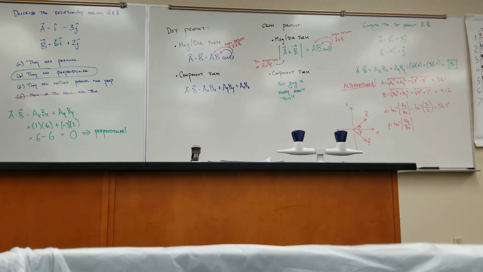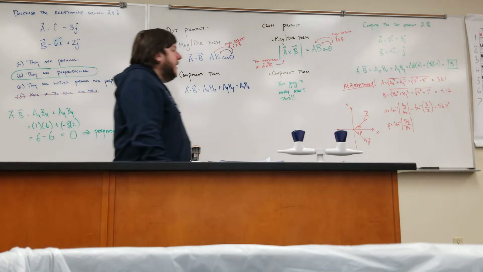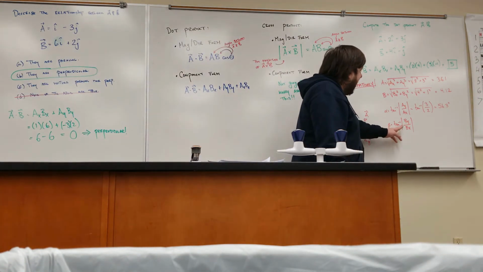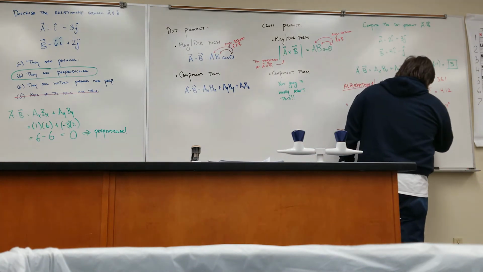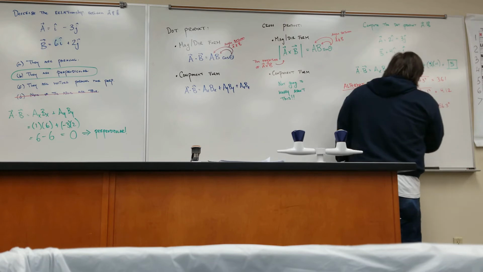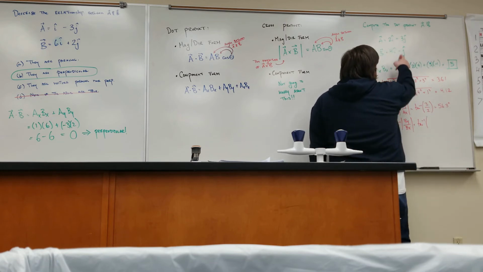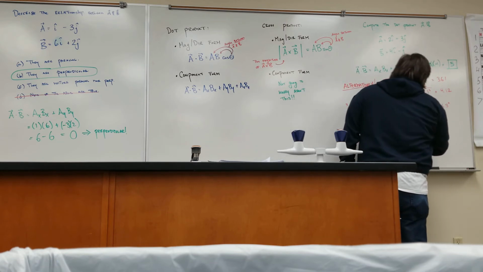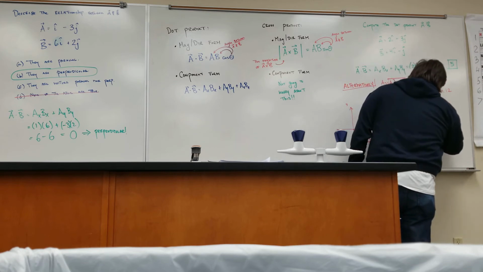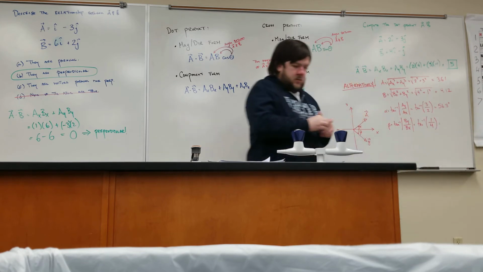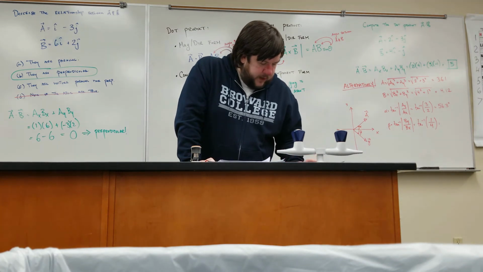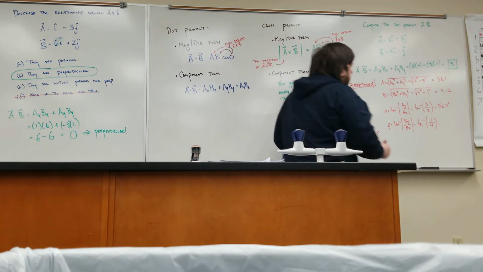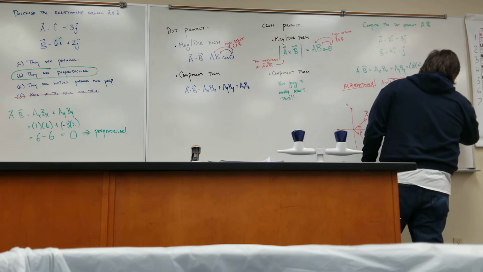That guarantees that your equation will always be the inverse tangent of the absolute value of y over x. So the inverse tangent of the absolute value of the y component is 1, and the x component is 4. Over 4, inverse tangent is 14.0 degrees.